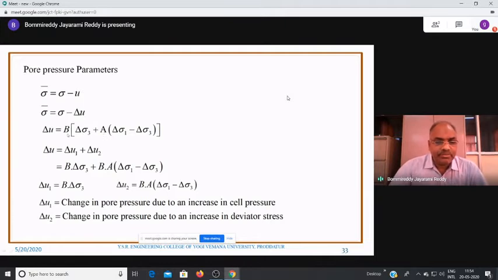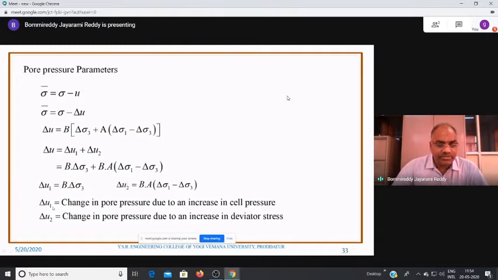So delta U can be written as delta U1 plus delta U2. Delta U1 is the first term, B into delta sigma 3, that means B multiplied by change in cell pressure. And the other term is B into A into change in deviator stress. So that is delta U1, delta U2.